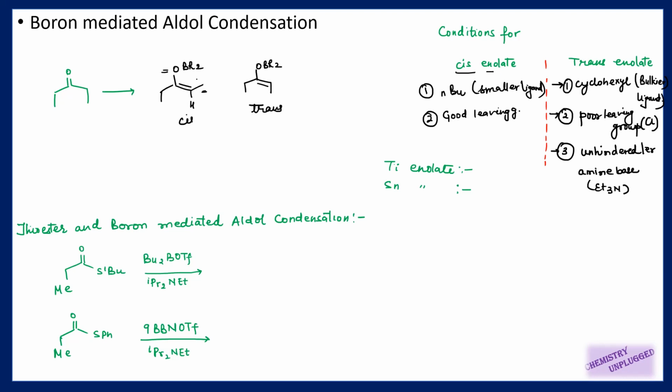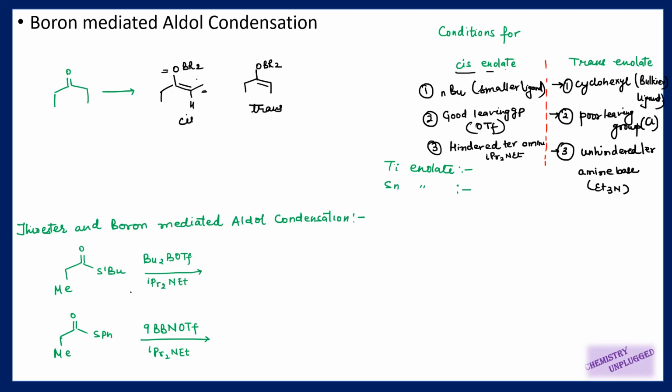Second condition is leaving group should be good in nature, like triflate. Third is when I am using hindered base, hindered tertiary amines are used, like diisopropylethylamine, then it will give me cis enolate, right? So you can remember conditions for one, then just reverse it, then you will get cis enolate. These are the conditions when we are using normal boranes.